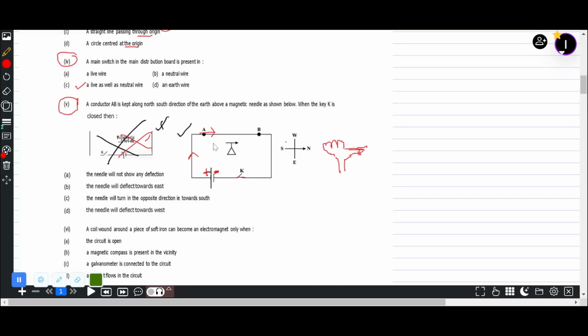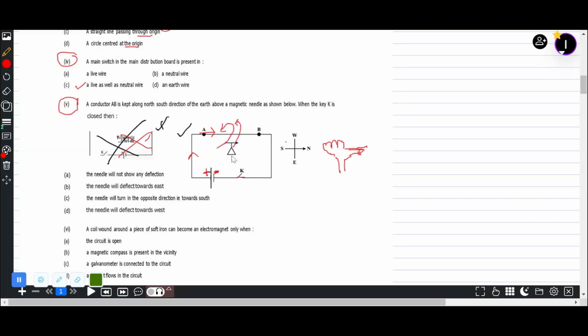So if I am taking the current from A to B and point my thumb towards B from A, my fingers swirl in the direction as if the magnetic field is going inside and coming back like this in this direction.